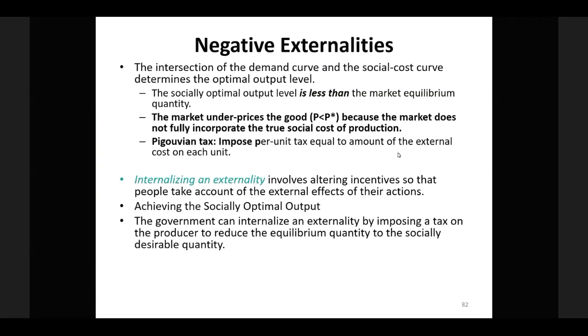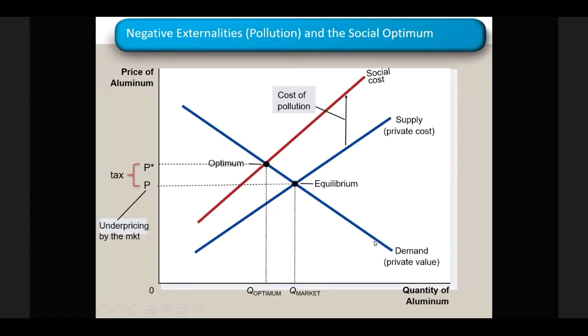So all that I've said there, I put it here: the demand curve and then the social cost curve determine the optimal level of output. And then the socially optimal level of output is less than the market equilibrium. Something you see here, you see socially optimal level of output here is less than the market equilibrium level of output.